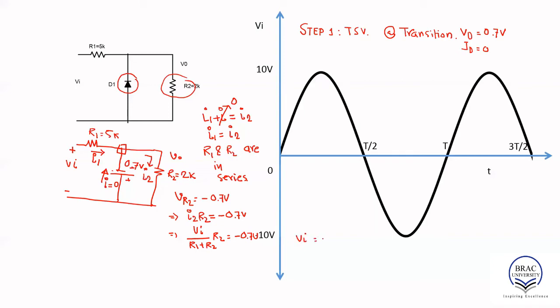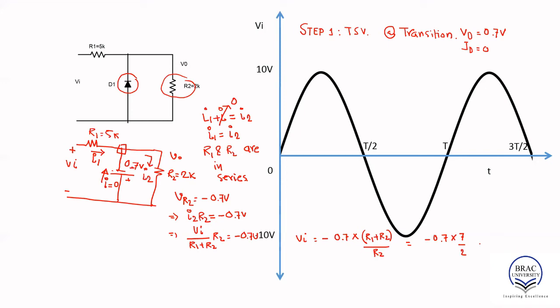Vi equals minus 0.7 times R1 plus R2 divided by R2, which is minus 0.7 times 5 plus 2, 7, divided by 2.